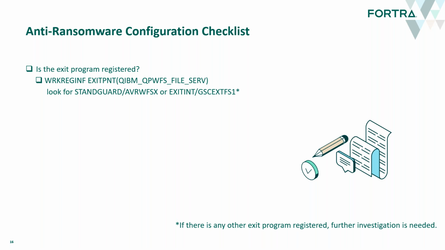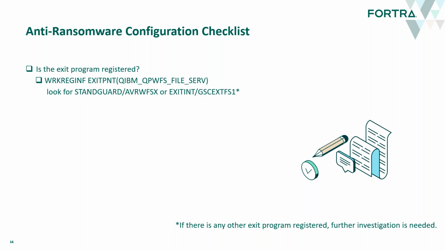You could have Exit Point Manager, our tool that allows you to control who has access to file server. These exit programs layer really well together, but we need to do a little bit of discovery. We can also even do supplemental exit programs with third-party vendors as well, so our exit program utility is going to be able to manage that.